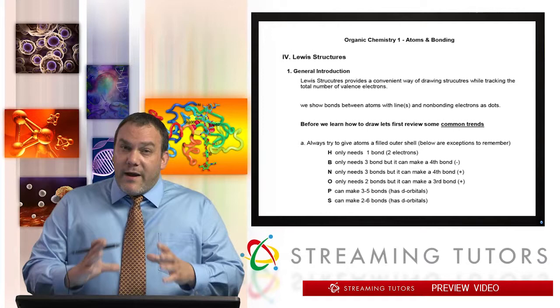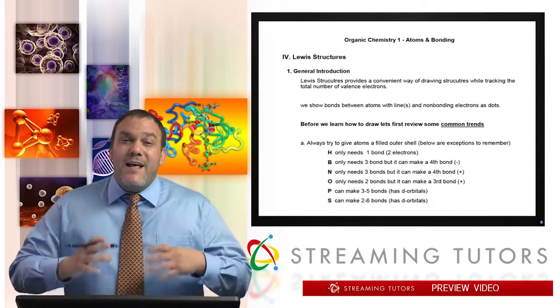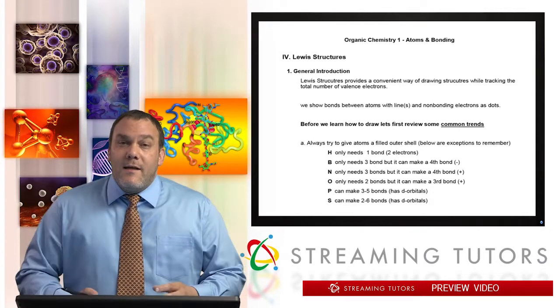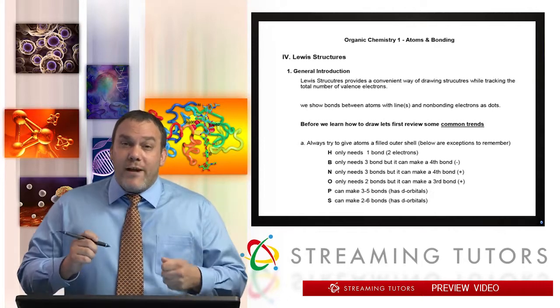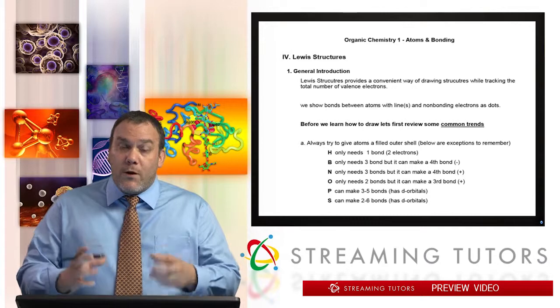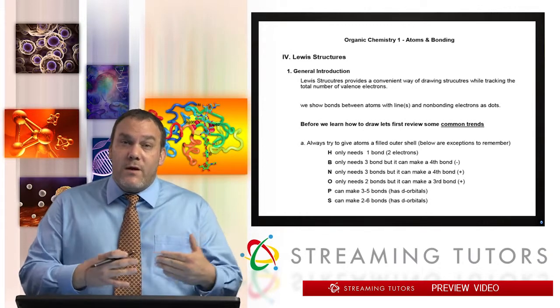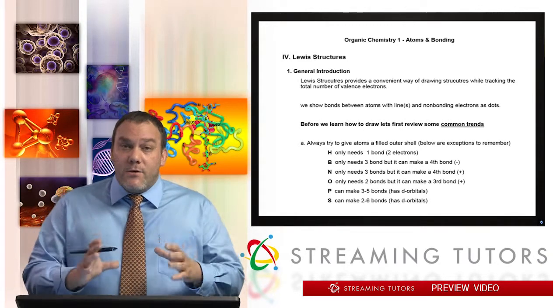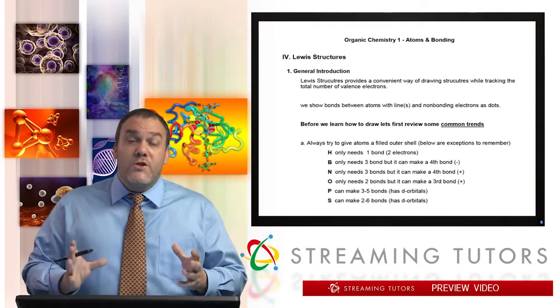Remember, the valence electrons are the electrons that are furthest from the nucleus. They're the ones that engage in reactions. They're the electrons that get transferred to other atoms or shared with other atoms in order to make bonds. So it's always the valence electrons that we're most concerned with.